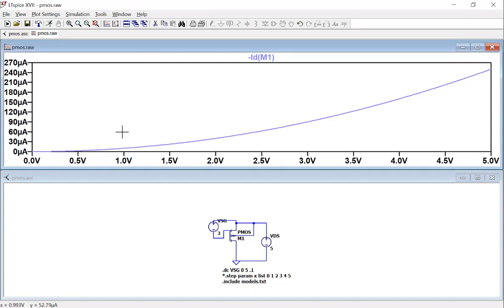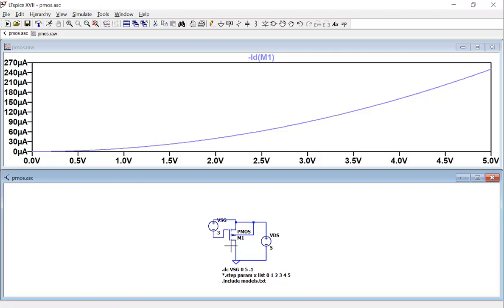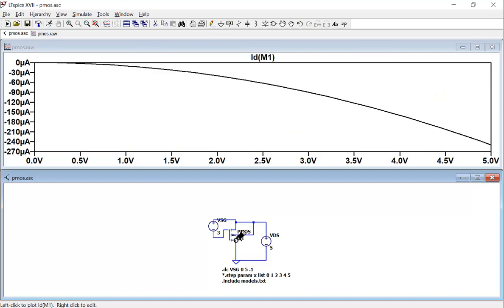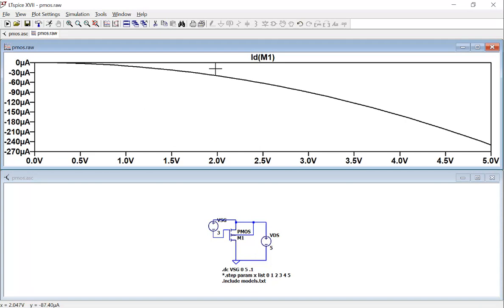Okay, that's for presentation purposes. If you want to show it the other way, because the current probe here, you cannot change the direction of it. If you plot it, it always shows that direction. If you don't like it, just add a minus sign in front of it.